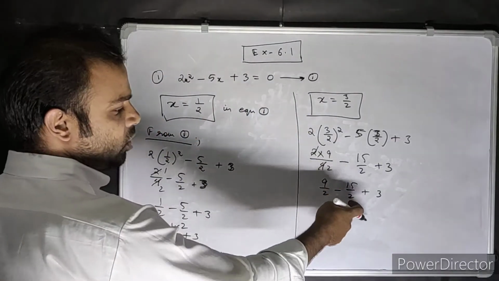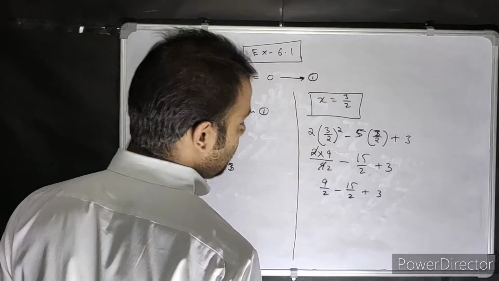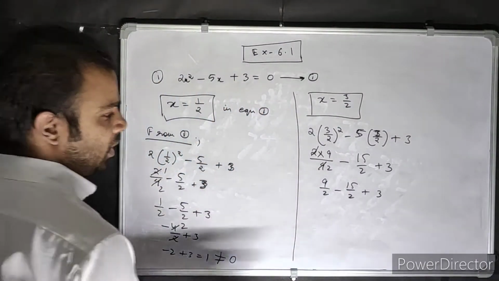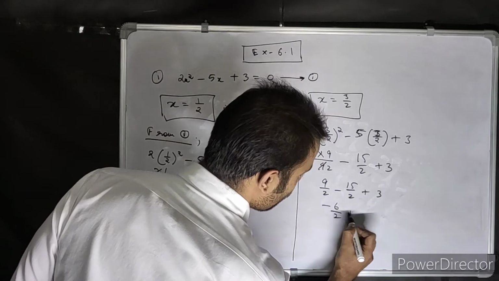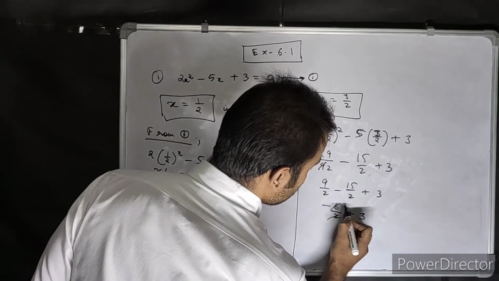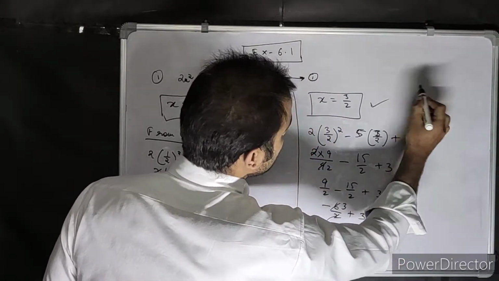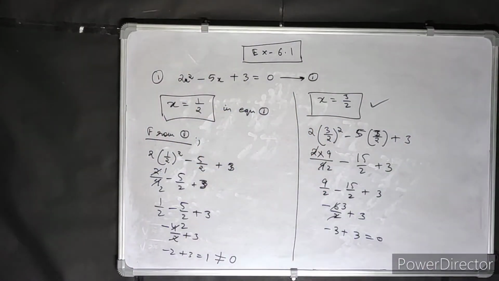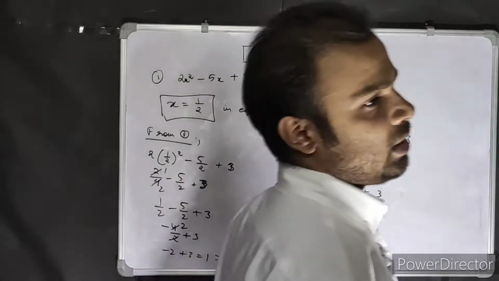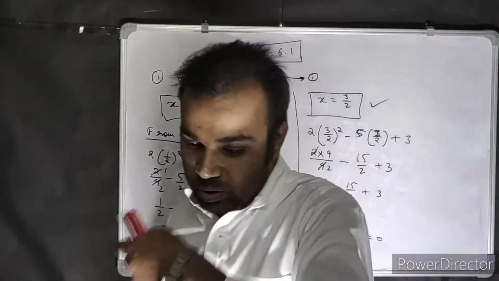Just subtract them because the denominator is the same. So 9 minus 15 is minus 6 by 2 plus 3. So that is minus 3. Minus 3 plus 3 equals 0. So this is a solution. The second one is a solution, and the first one is not. So that's it for the first question.